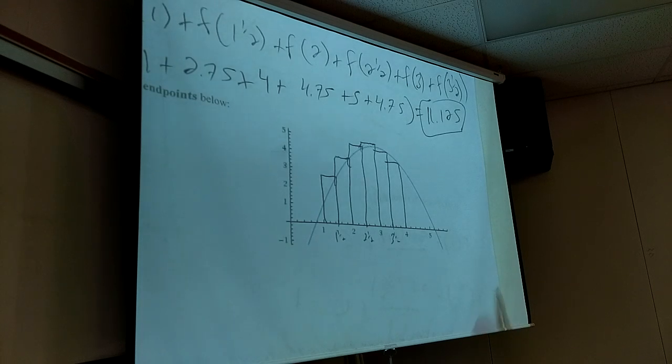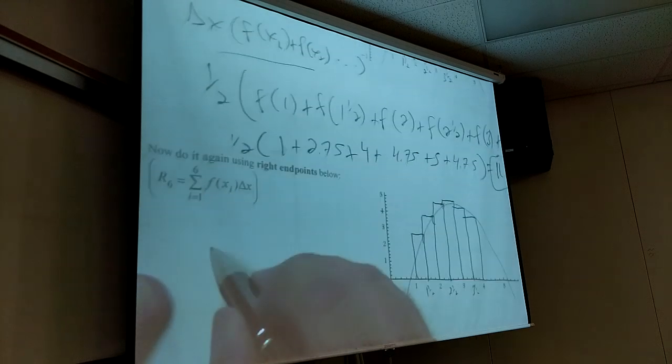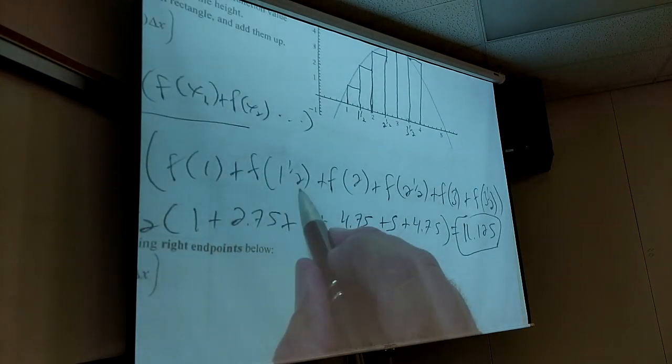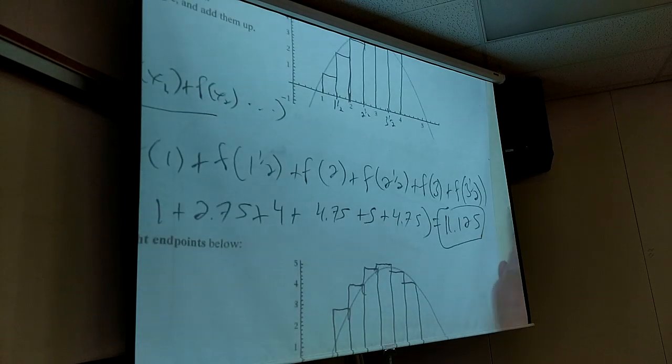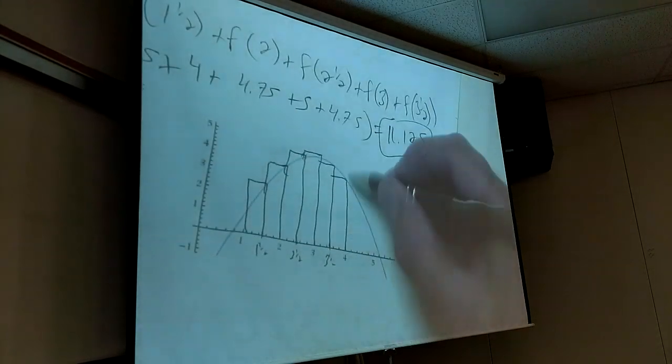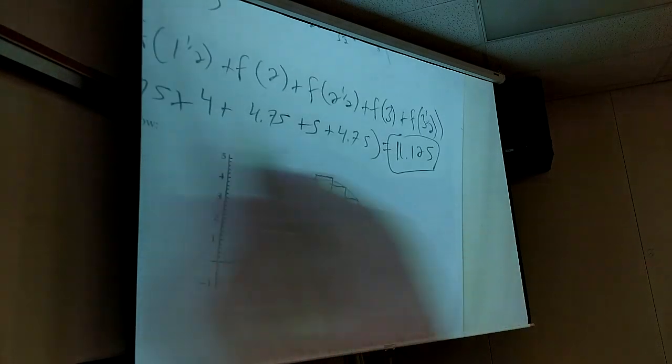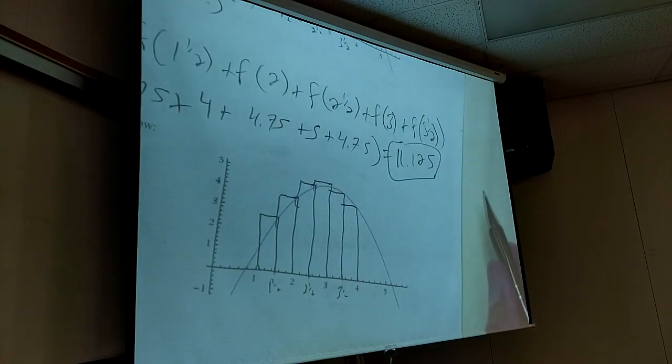And so what's this really going to be? How's this going to look now? It's going to be 1/2 still. And instead of starting at f of 1, it's going to start at f of 1.5, and it's going to go all the way to f of 4, because f of 4 was the height of this last one. So it's going to have a lot of repeat values, right?